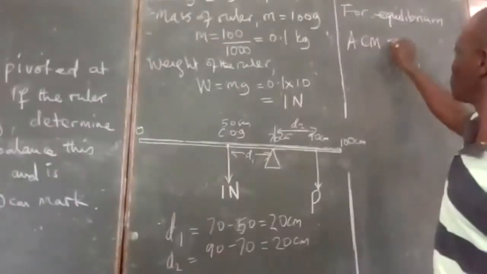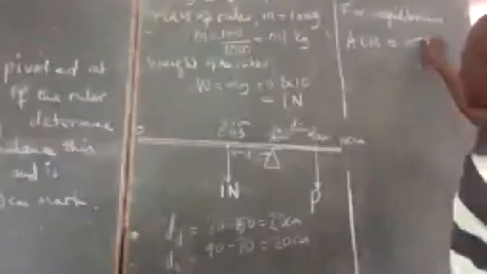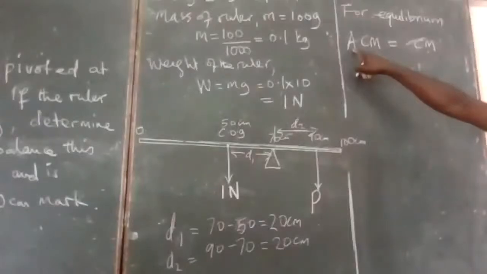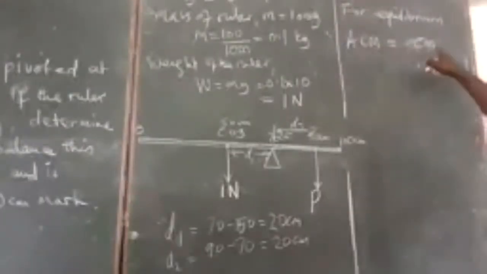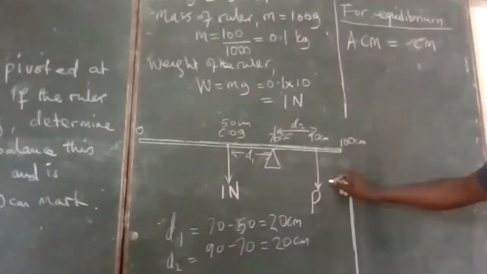So I'm simply writing this. I hope that is a sufficient abbreviation. What does this mean? Anticlockwise moment. That is the condition that we are going to apply. So can you now look at this diagram?